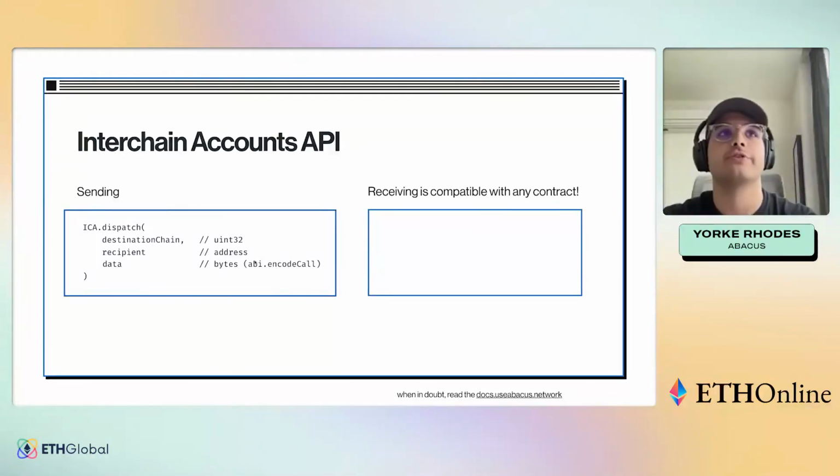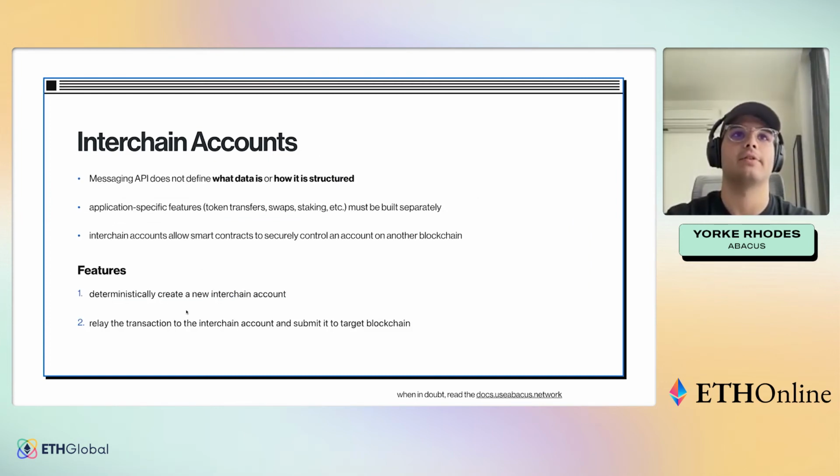We'll just treat this interchain account that gets created on the destination chain like any other address, like any other local contract or any other local EOA. And this is possible through some CREATE2 magic.